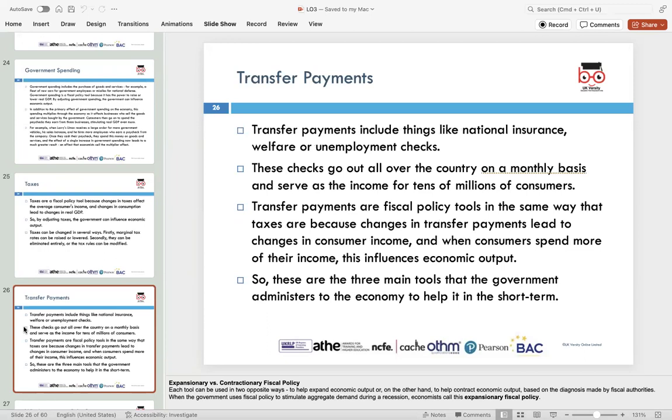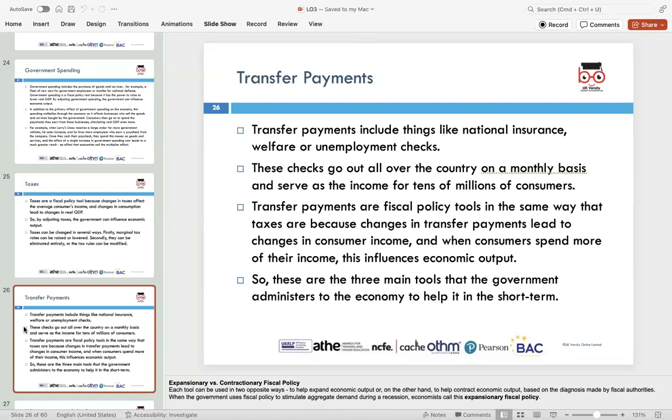Transfer payments encompass a wide range of benefits, such as national insurance, welfare, and unemployment checks. These checks are distributed across the nation on a monthly basis and serve as a source of income for tens of millions of consumers. Changes in transfer payments lead to changes in consumer income, and when consumers spend more of their income, this increases economic output.